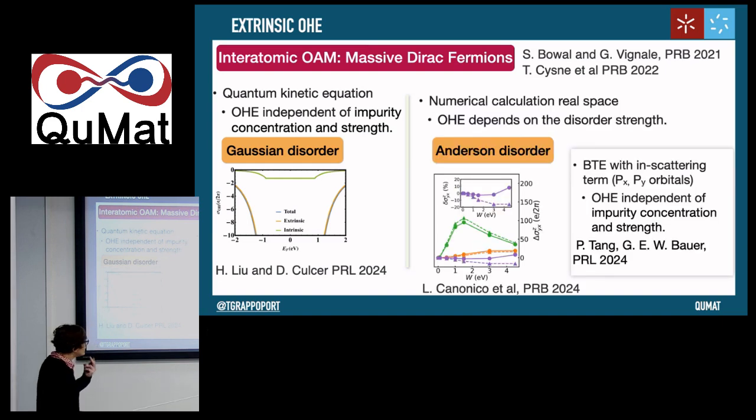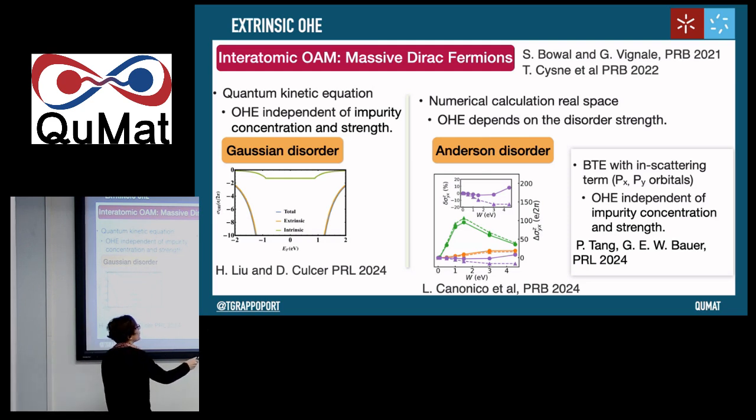And there are three recent works discussing the effect of impurities, and the results are all in opposite directions. There is a paper from Dimi Culcer using quantum kinetic equations with Gaussian disorder, and they show, maybe because of the type of approach they are using, that the orbital Hall effect is decreased by the extrinsic mechanism, but this is independent of the concentration and the strength of disorder, which is a little bit strange.